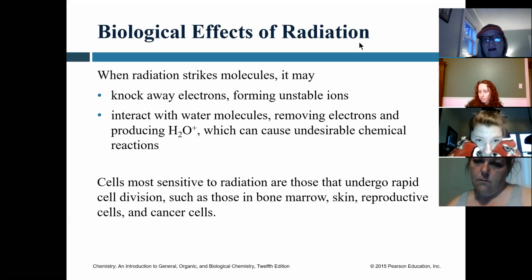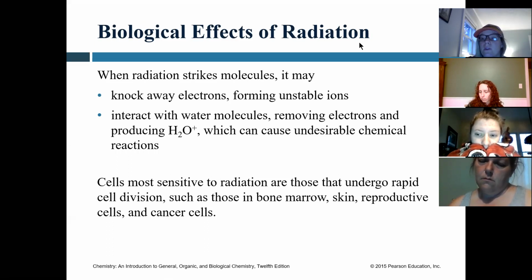Biological effects of radiation. When radiation strikes a molecule, it may knock away some electrons, forming an unstable ion. It can also interact with water molecules, removing electrons and producing H2O+, which can cause undesirable chemical reactions. What is our body made of?